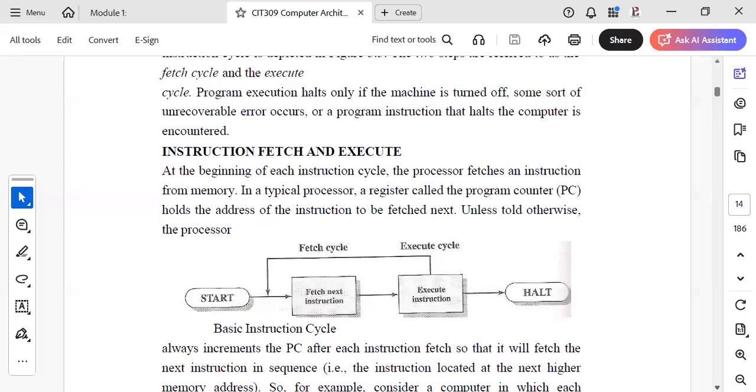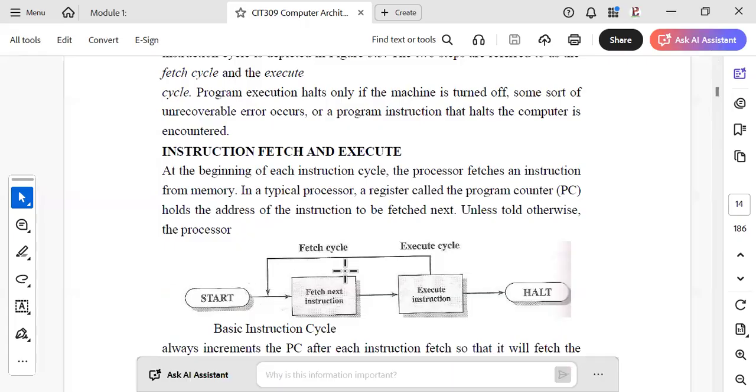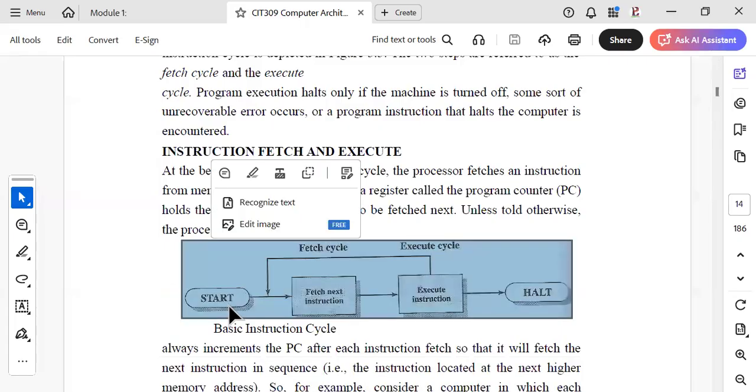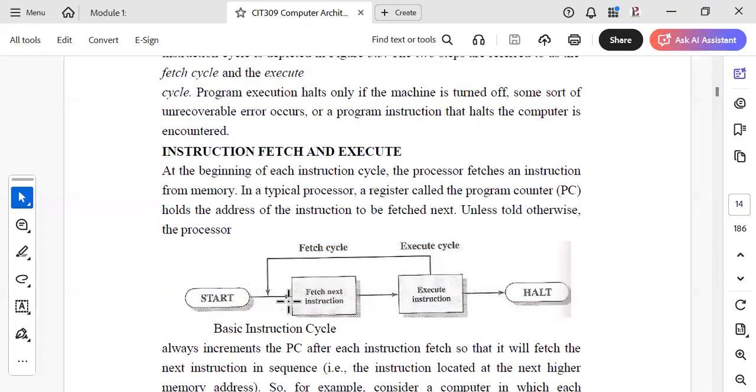cycle. And what they are trying to say here, but let's check this diagram. The diagram is telling us the processes that are involved in the fetching and execution of processes. And then we have the start, which is the beginning.